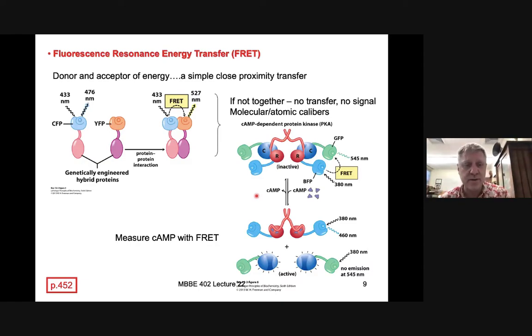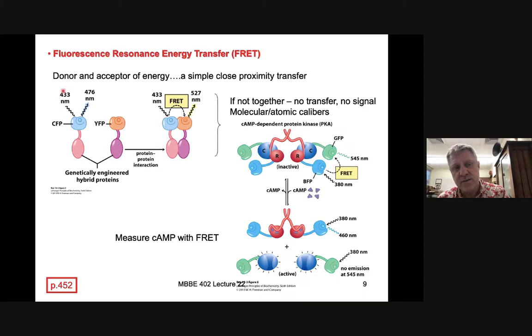So what we can do, we can utilize our tether in regards to the cyan and yellow fluorescent protein. Now, if this one is in close proximity to this one and basically binding the two genetically engineered proteins together because they're becoming an associate, we're going to see an interesting transfer of energy to the second fluorescent protein, in this case the yellow fluorescent protein from the cyan fluorescent protein.